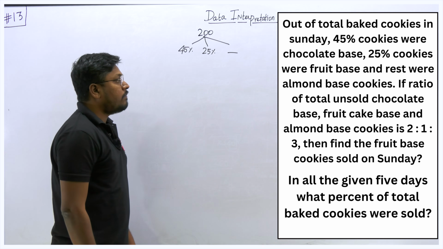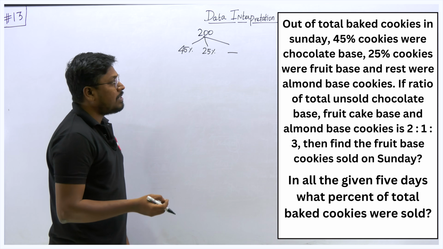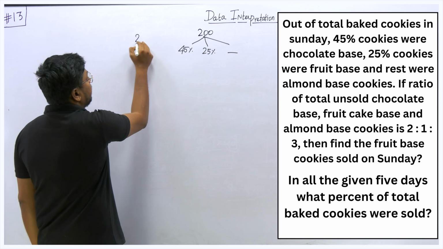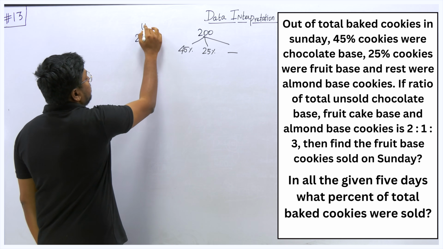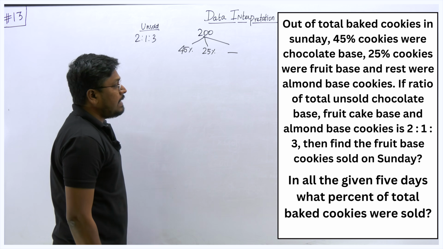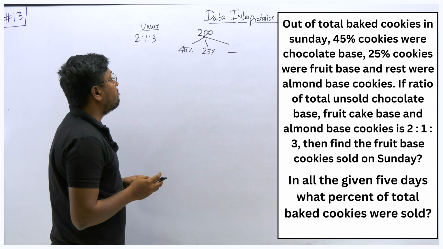If the ratio of unsold chocolate based, fruit based and almond based cookies is 2:1:3, this will be the unsold ratio. Then find the fruit based cookies sold on Sunday.